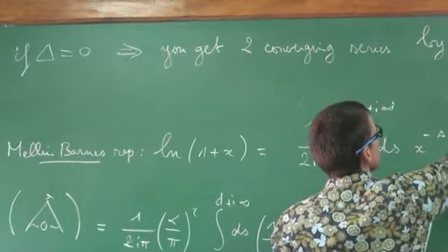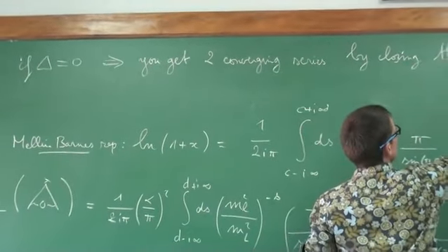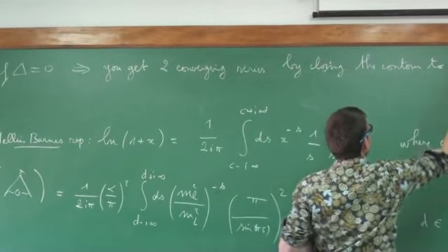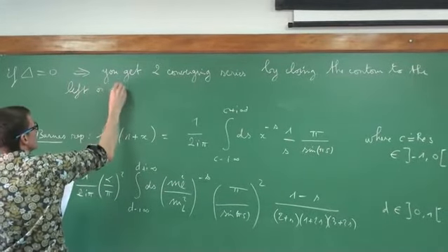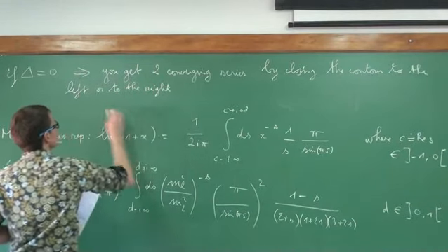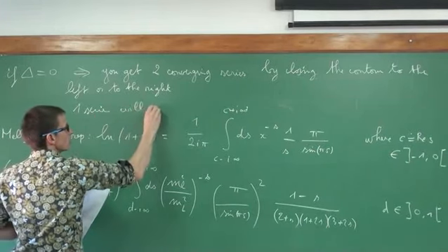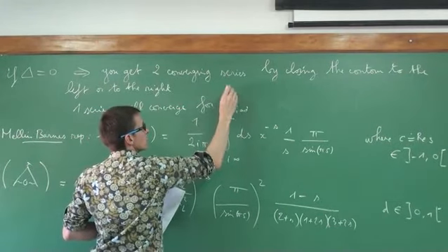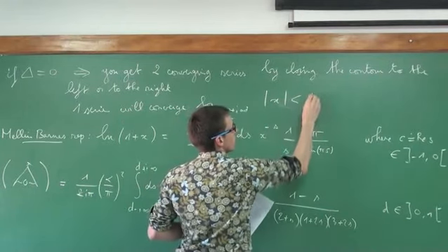by closing the contour to the left or to the right. So one series will converge for this modulus of x less than the value r.